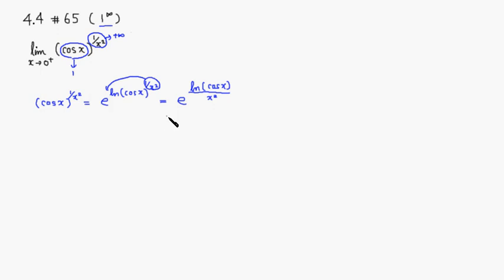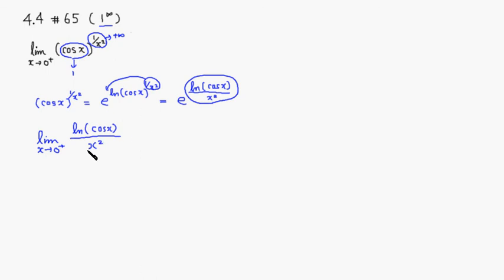In order to take the limit, I'm going to take the limit of this exponent. So we take the limit as x approaches 0 from the positive side of natural log of cosine of x over x squared.